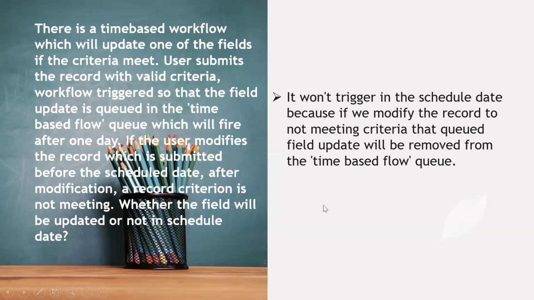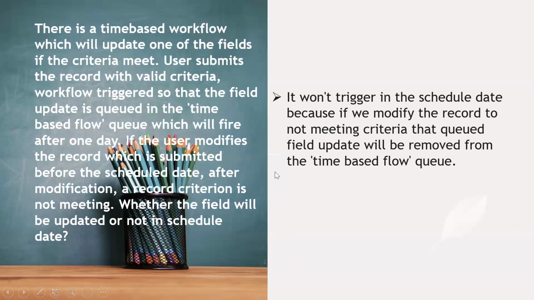Because today I updated the record based on criteria that matched, so the action went to the queue and should be fired tomorrow afternoon 2 p.m. But before that I modified the same record with a different criteria, so it won't fire. The answer is: it won't trigger on the scheduled date, because if you modify the record so it no longer meets the criteria, the field update in the queue will be removed from the time based workflow queue.